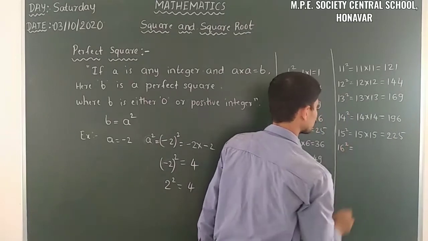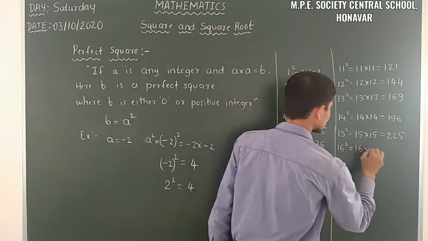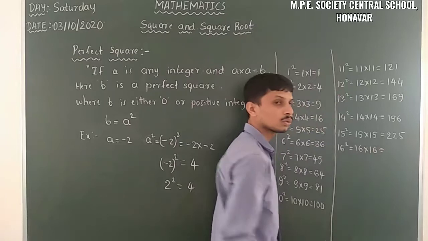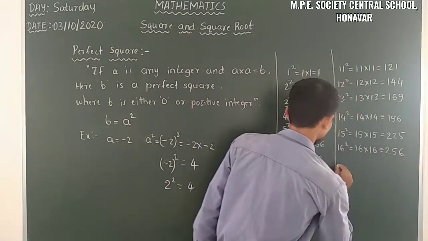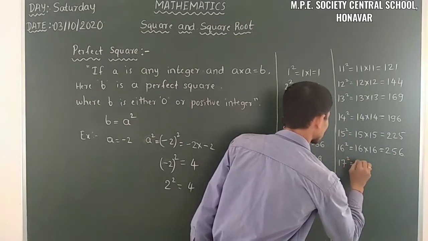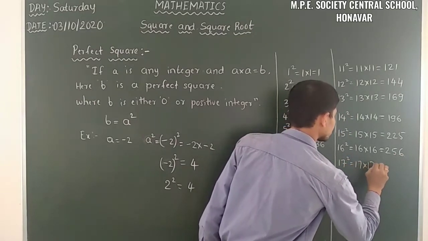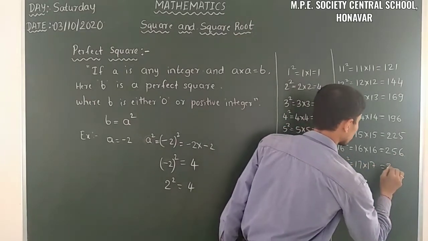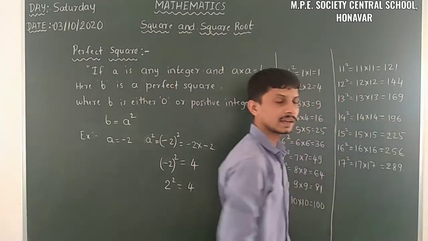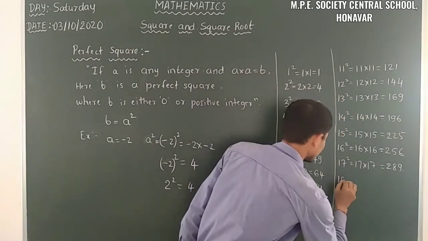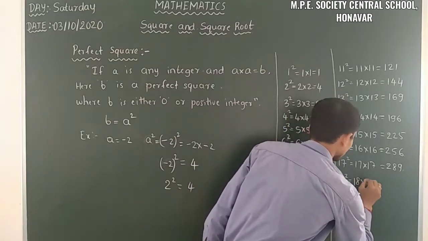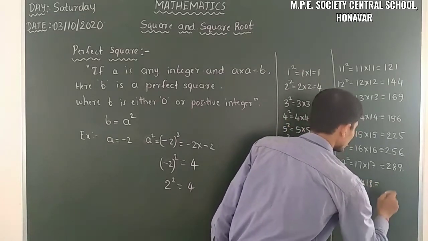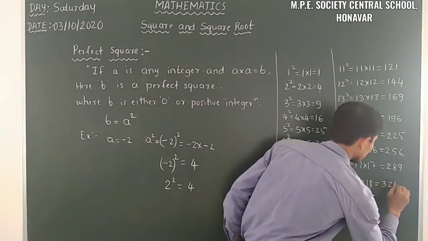16 squared is equal to 16 into 16 is equal to 256. Then 17 squared is equal to 17 into 17 is equal to 289. Then 18 squared is equal to 18 into 18 is equal to 324.